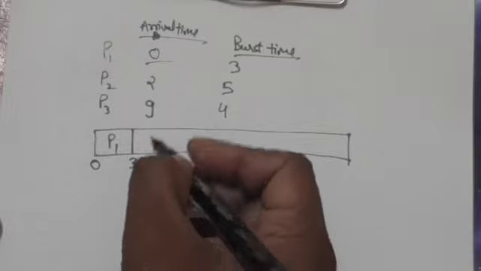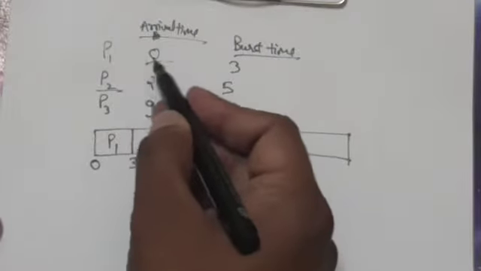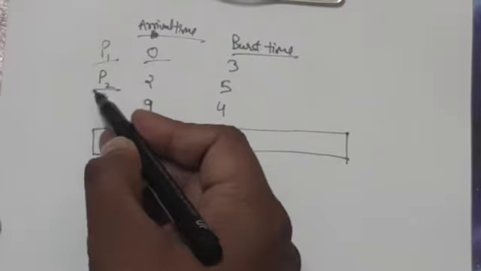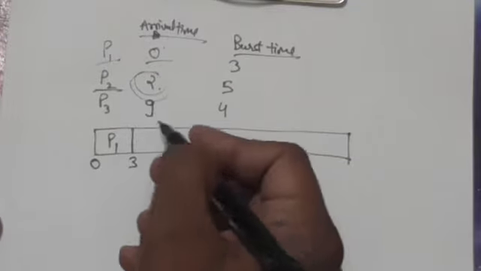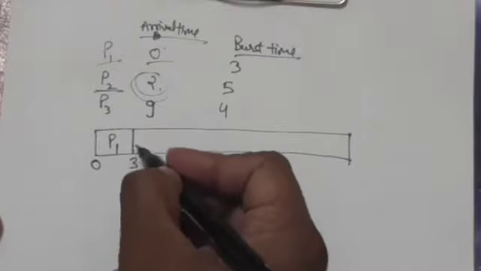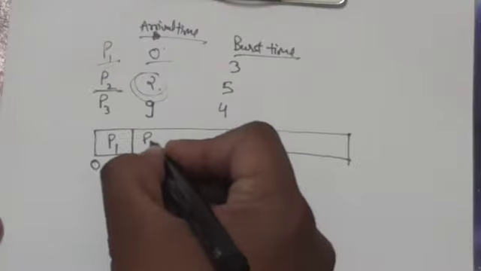And then, as you can see, after process P1 the process P2 has arrived. Process P2 has arrived at time 2. So when process P1 releases the CPU, it will be allocated to process P2.